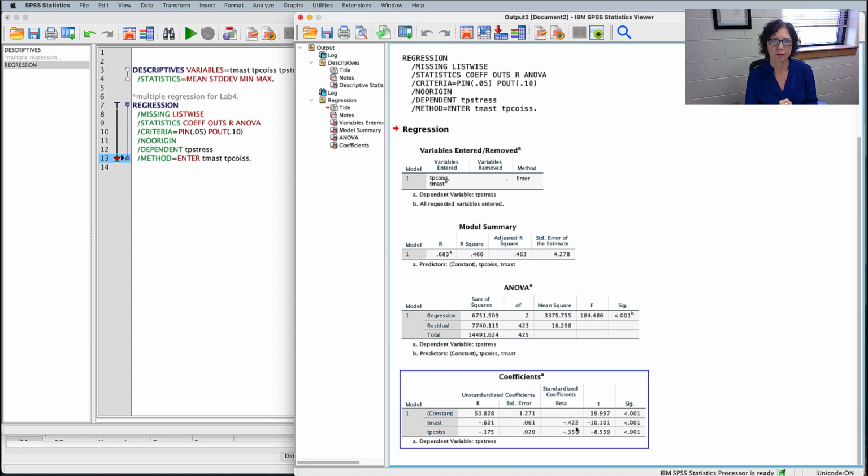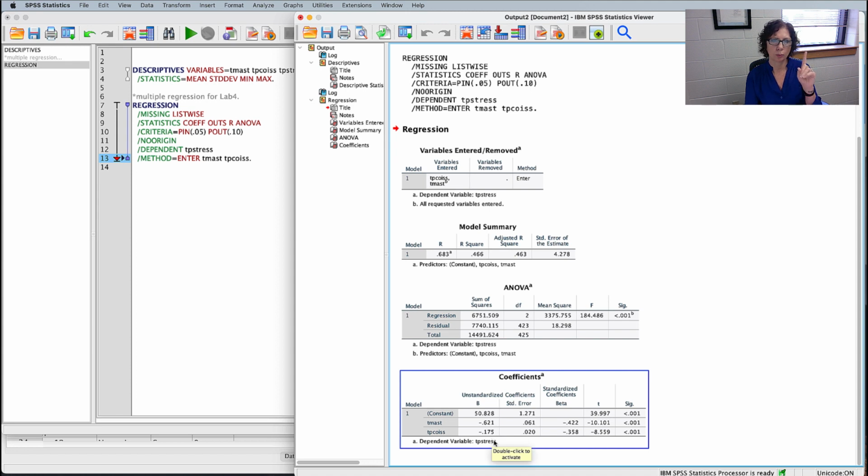We also have the beta, which is the standardized coefficient, and it's also the effect size of that predictor. So it's effect size of the contribution of total mastery to this model. And then for total perception of control, we have an unstandardized negative 0.175.